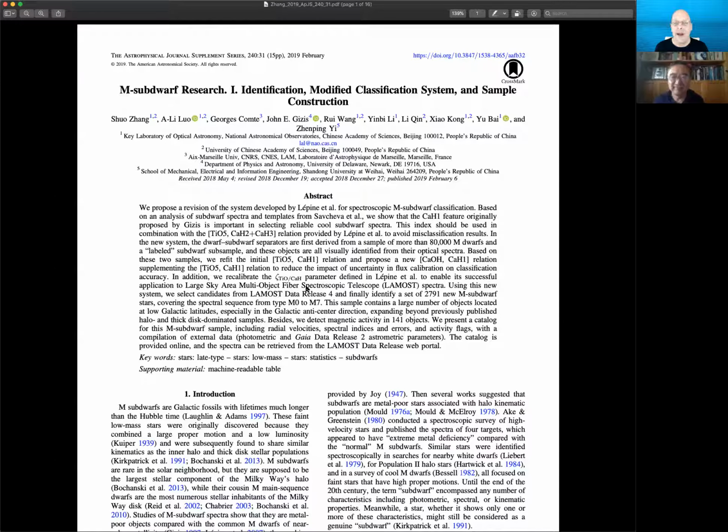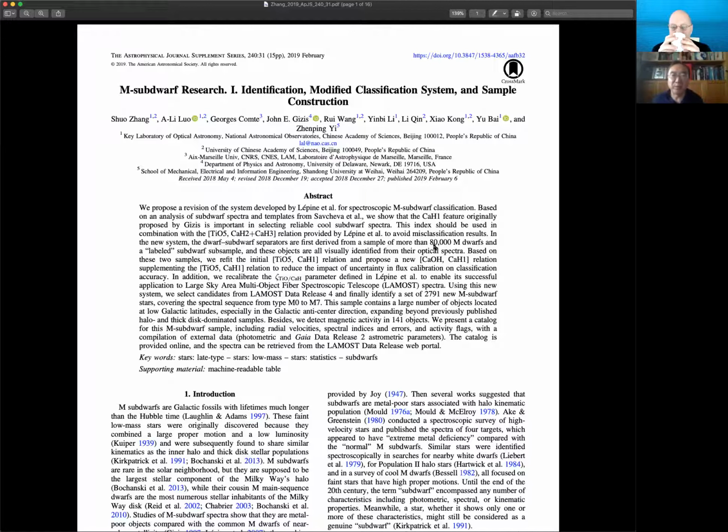Cool. So speaking of, why don't we get to it? This lovely paper, M-subdwarf Research 1: Identification, Modified Classification System, and Sample Construction. Ollie, take us away. Yes, this is the first paper of a series.